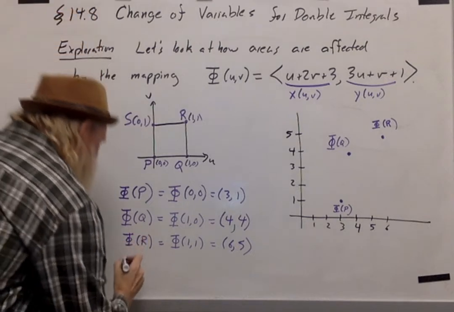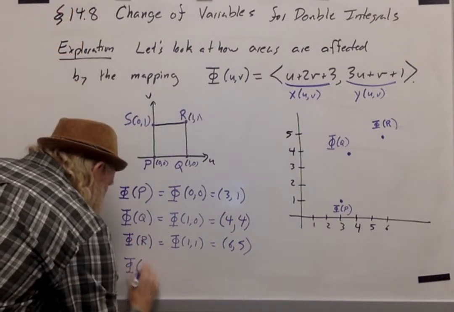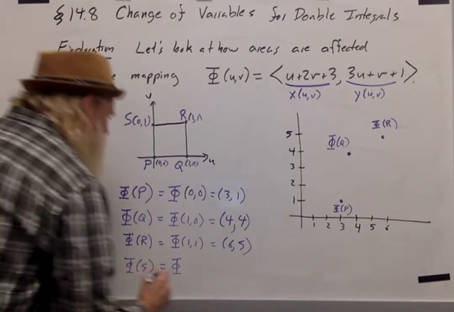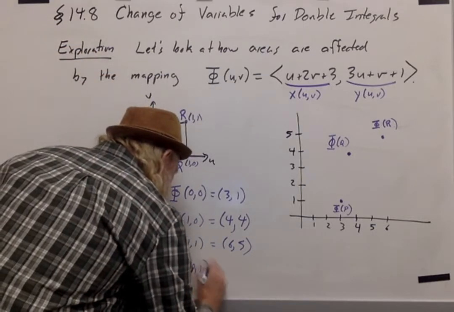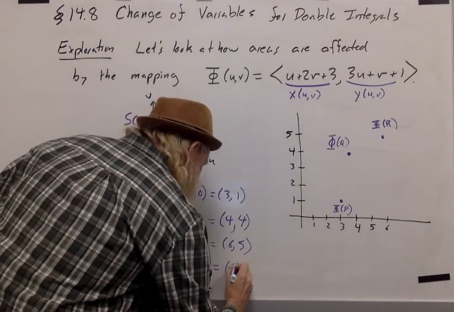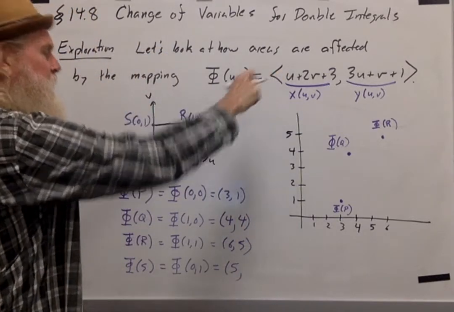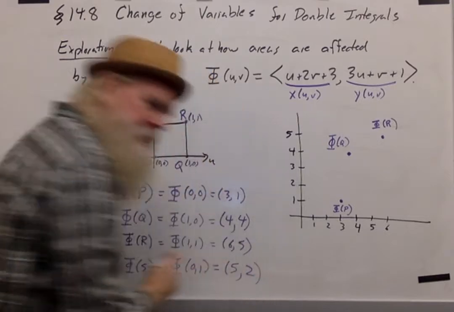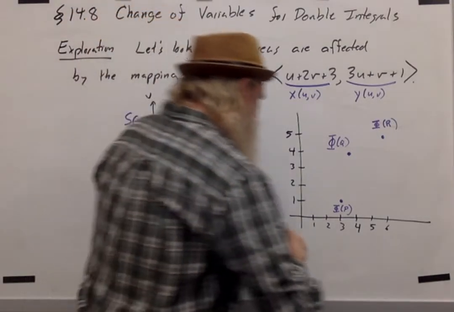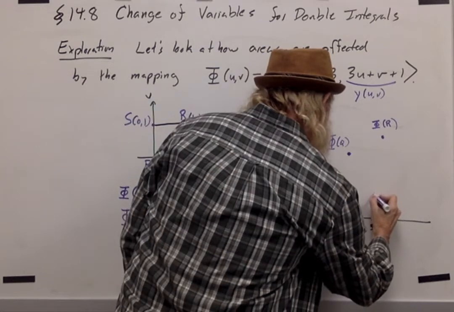And finally, for phi of S, I have phi of the point 0, 1, which is 5 and 2. So plugging that in, I end up at this point.